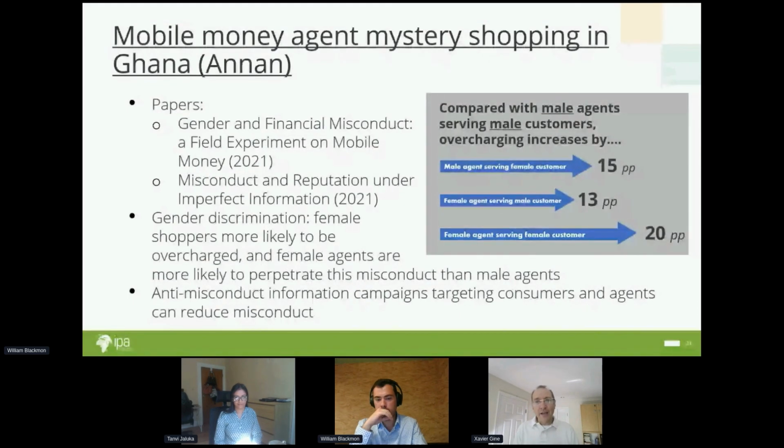Now what he tried as well in these markets where he sent all these individuals, these 130 markets, is he tried a couple of campaigns. I want to focus on this information campaign where they told customers about the fees that they should be charged. Okay, and just this announcement actually substantially reduced the overcharging that he was seeing in these markets by up to 40%.